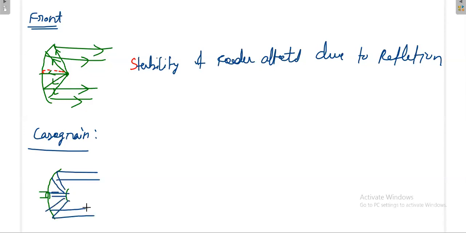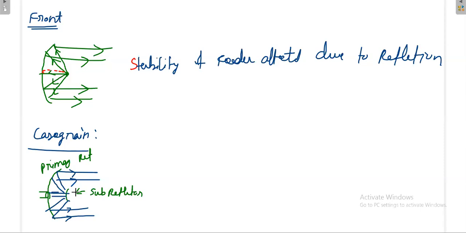Now this stability problem we somehow overcome, but what happened? Here we are using two reflectors, the main or primary reflector and the sub reflector. Stability you have somehow overcome. Your source is not affected by anything because you are giving the signal in such a way that it is not getting exactly reflected. It's going away from this, then going here.